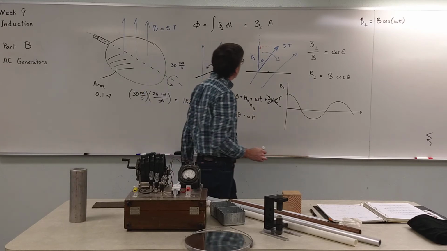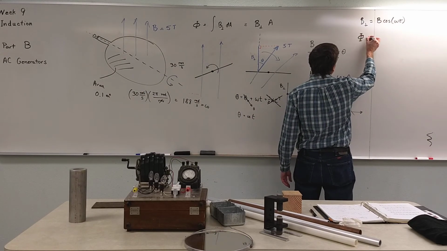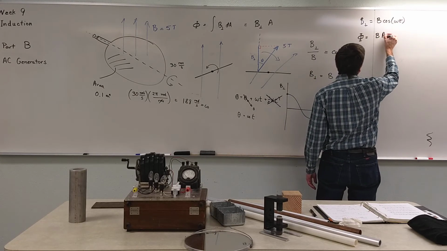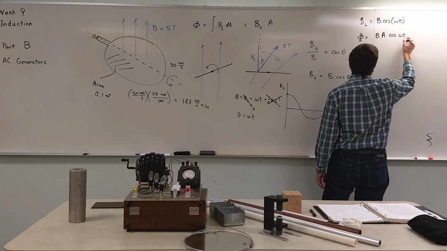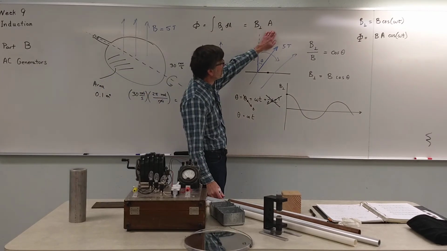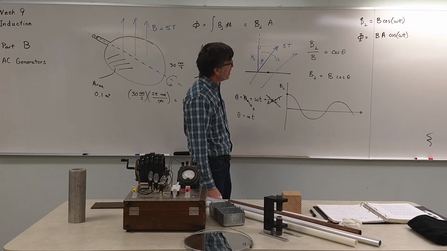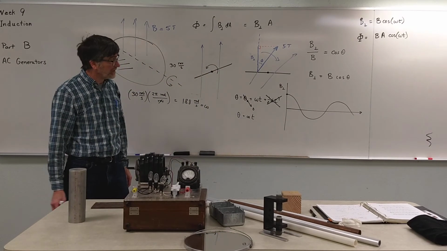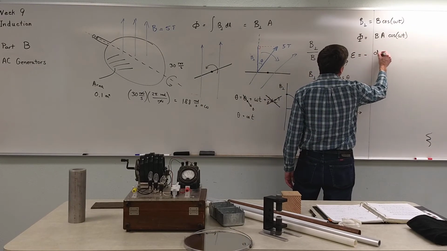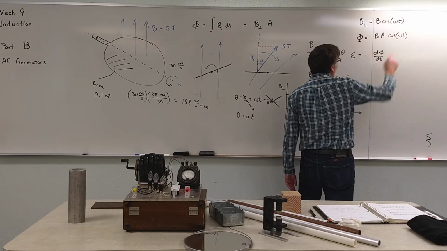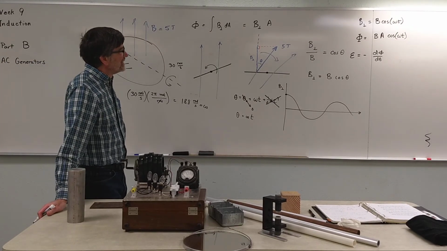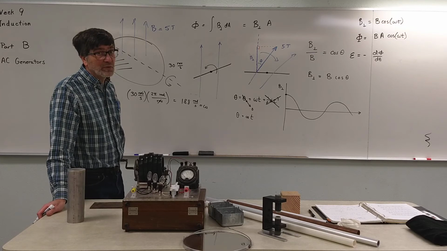And now we can go up here and say the flux is going to be B times A times cosine of omega t again, since the flux is just B perpendicular times A. And now I want to use Faraday's law and say the EMF is minus d phi dt. I've got to take the derivative of that with respect to time. Can you do it? Take a look at that, see if you could take a derivative with respect to time.